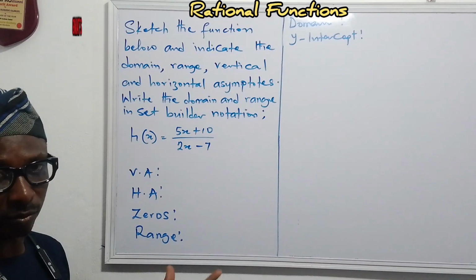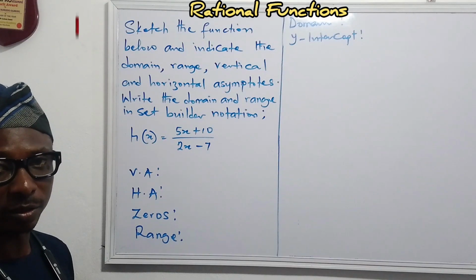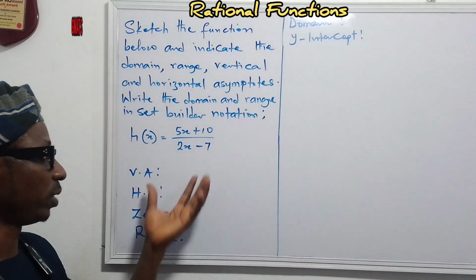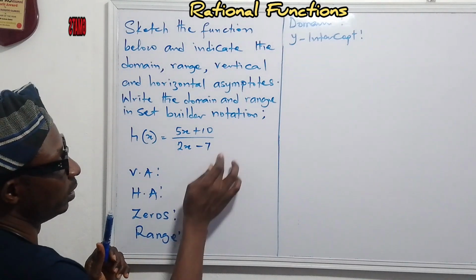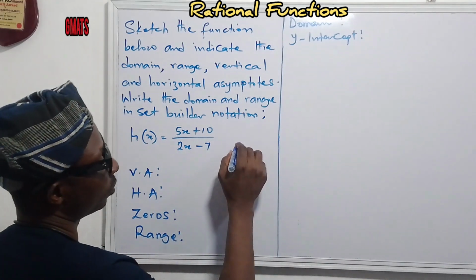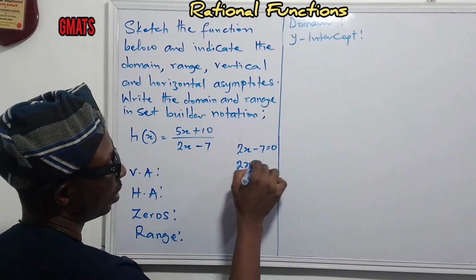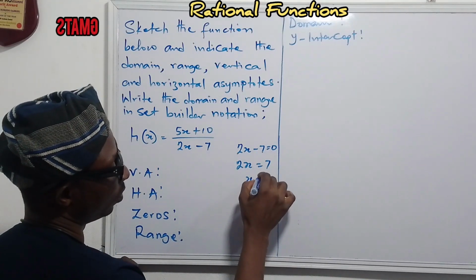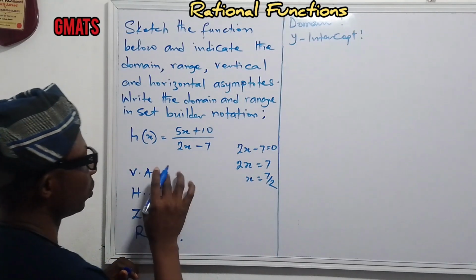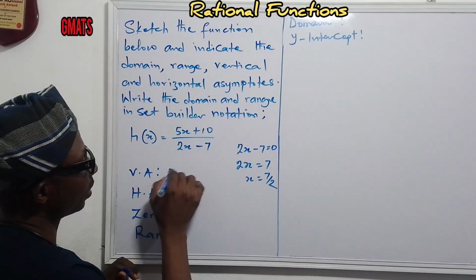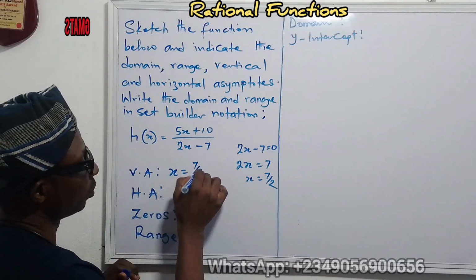In mathematics, once you have a fraction and the denominator is 0, that fraction is undefined. So here we can equate the denominator to 0. So we have 2x minus 7 equals 0. So 2x equals 7 and x will be 7 over 2. So the vertical asymptote is x equals 7 over 2.